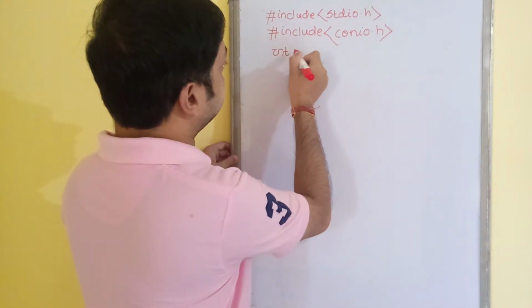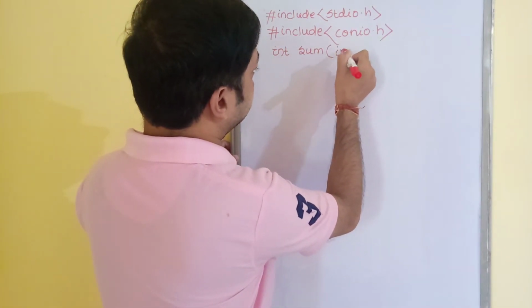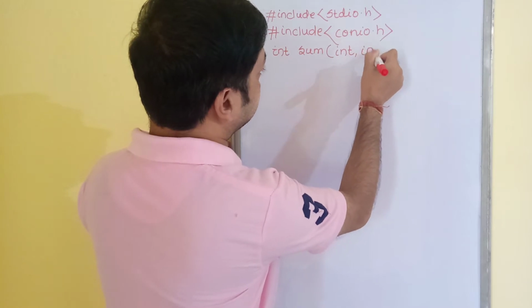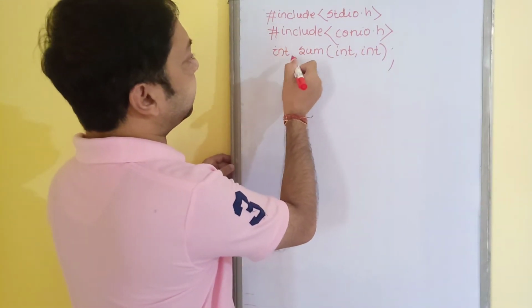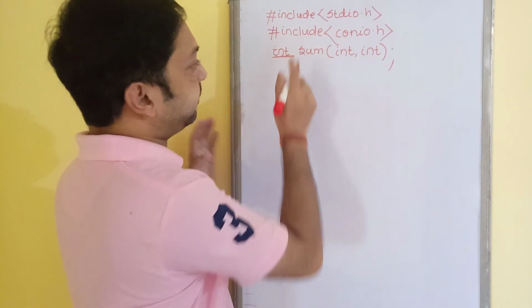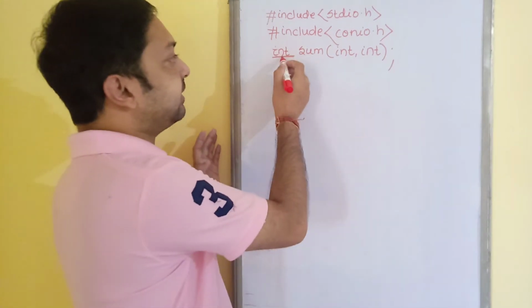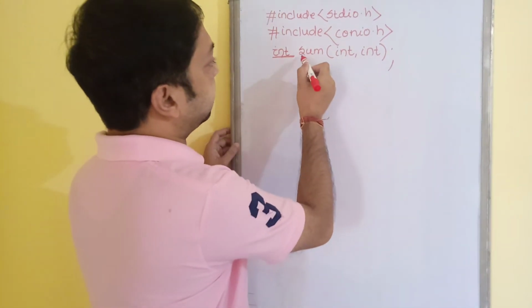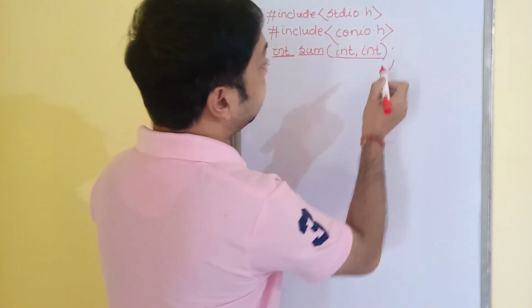That is like, let me write here int sum, that is int comma int. So the meaning is here, this int is the return type of the function. That means whenever two numbers are added, the resultant will be an integer which is returned by the function. Sum is the name of the function, and these two ints are the data types of the two numbers.